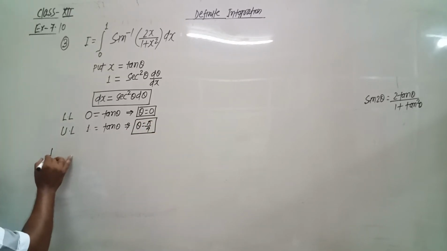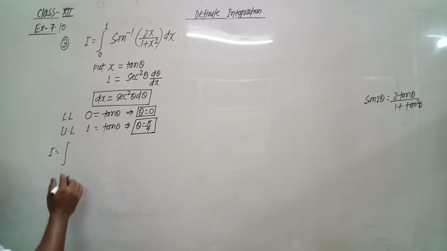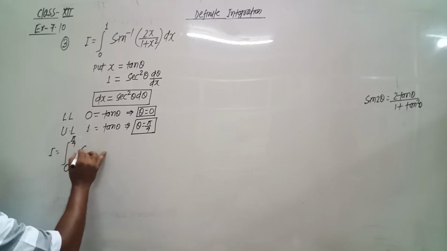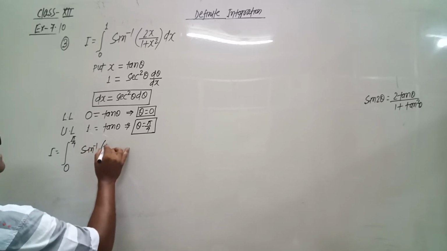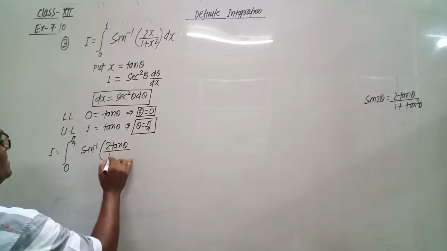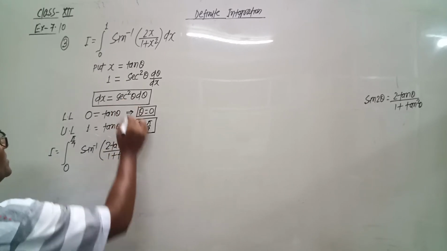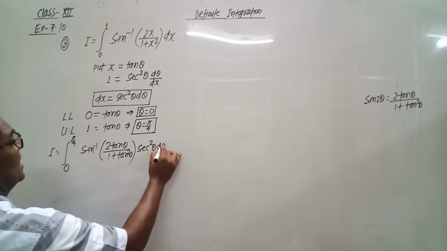So we will write I equals to integration. The new lower limit is 0, upper limit is pi by 4, sine inverse of 2 tan theta upon 1 plus tan square theta, and the value of dx is sec square theta d theta.